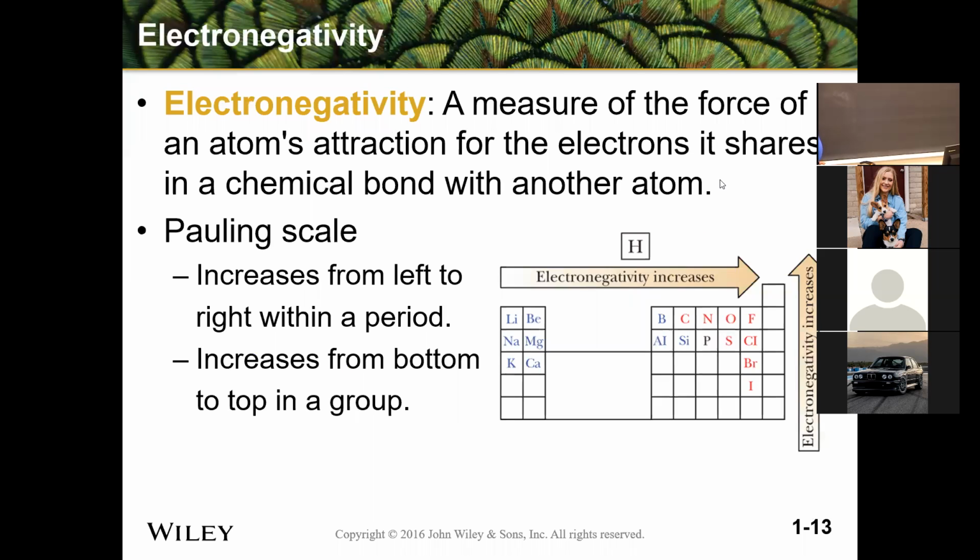Okay, if we have a compound made up of two non-metallic elements, those that are closer to the center of the periodic table, for example, carbon disulfide, that's going to be covalent because there's not a lot of difference in electronegativity between carbon and sulfur.